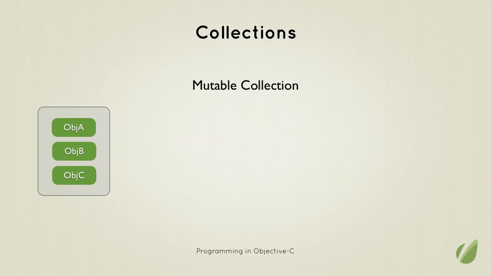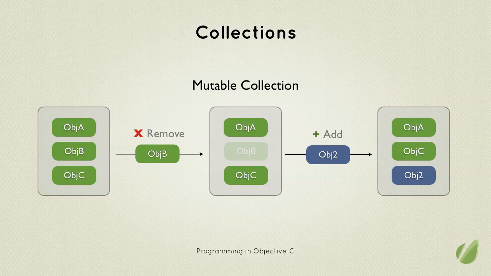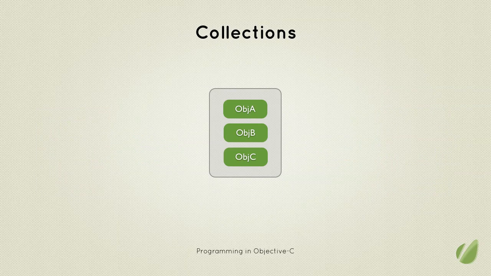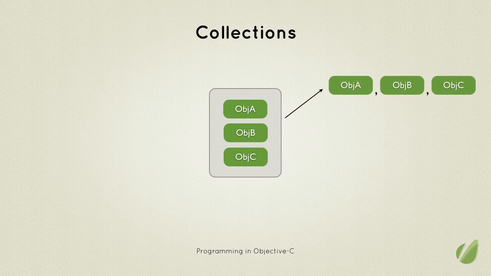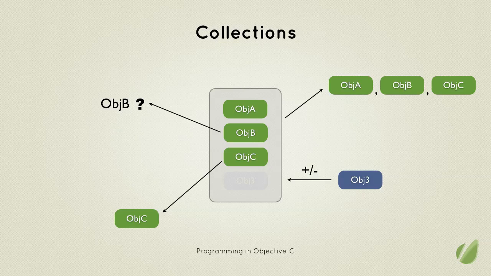The mutable collection is a subclass of an immutable class. It has some more flexibility and can add and remove objects from its list. Every collection has shared features, so through the collection we can enumerate objects, verify the presence of an object, access individual objects, while with a mutable collection we can also add objects and remove objects.